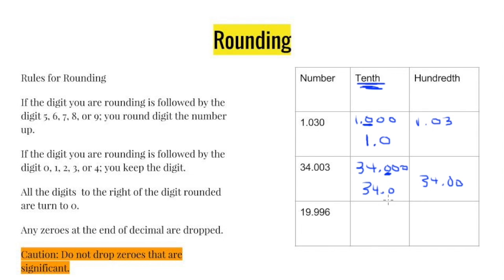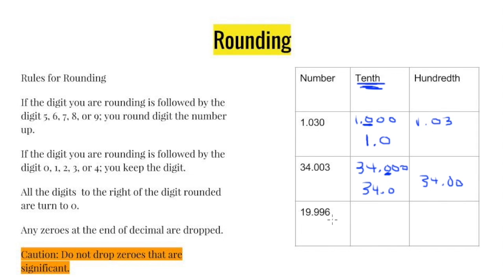We're told that 34.0 and 34.00 are just 34. And for all intents and purposes in the real world, that may be true, but because we are rounding to a certain precision, this 34.00 is more precise because it's going to the 100th position versus this 34.0, which is only going to the 10th.